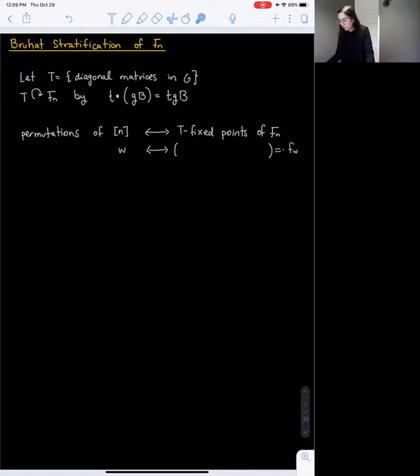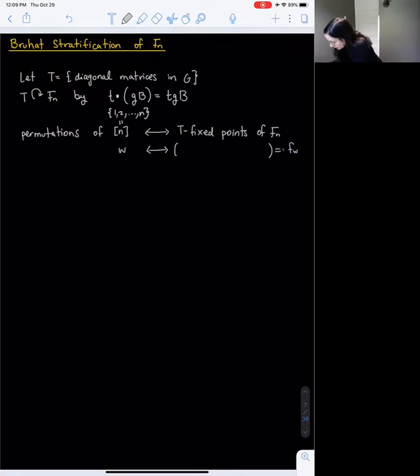The permutations of [n], where, just to be clear, [n] is the set of 1 up to n, as is standard in combinatorics, are in one-to-one correspondence with the torus fixed points of your flag variety, meaning the points that do not get moved when you act by T.